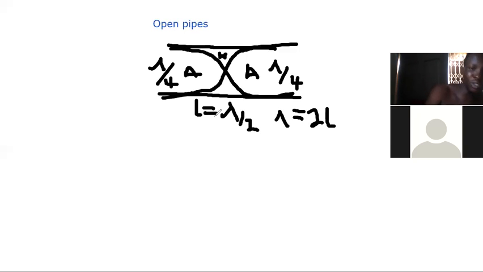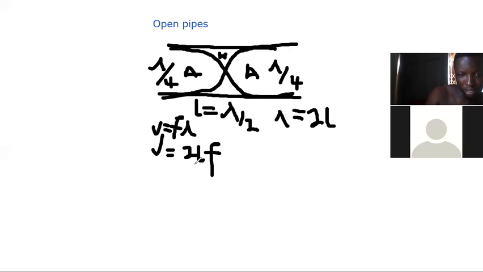So you can put it into v, the speed of the wave, is equal to this all over. When you factor this, you're going to get v is equal to 2Lf. So we can make f the subject.